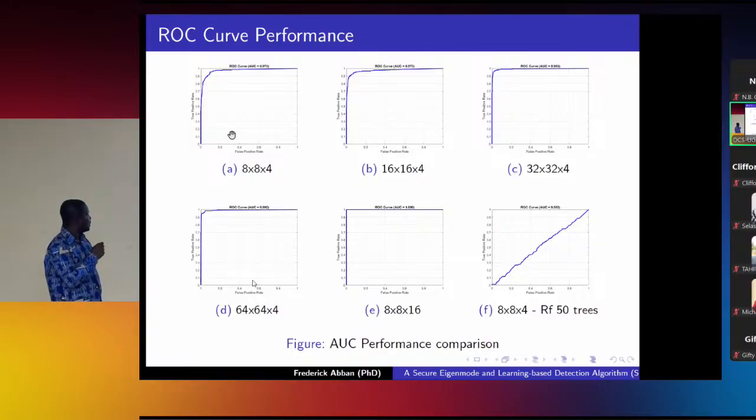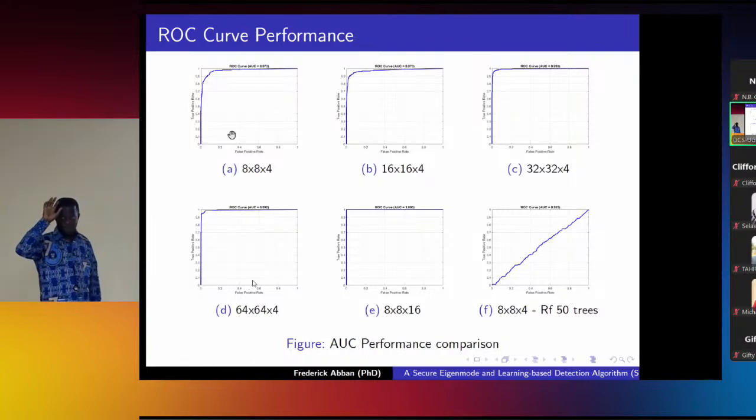However, when you get to scenario E, which has 8 transmitters, 8 receivers, and 16 eavesdropper nodes, we get 1.0, which is the perfect condition.